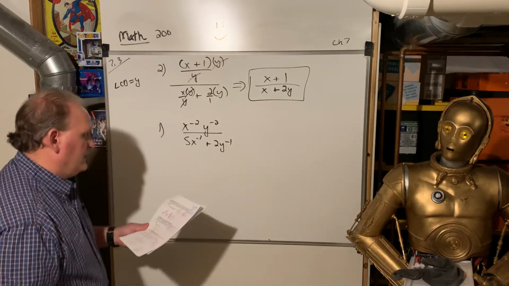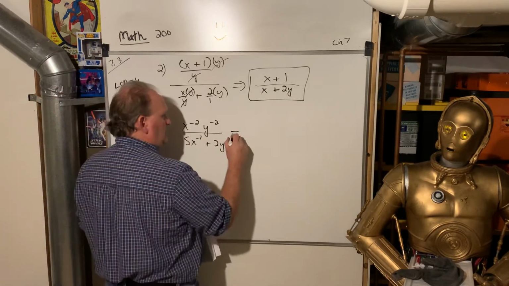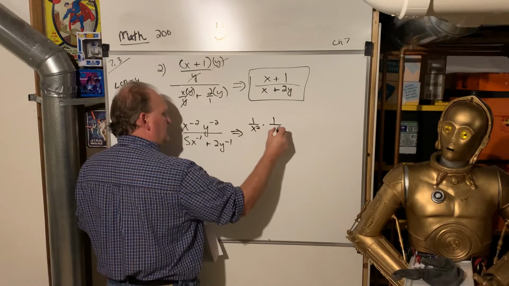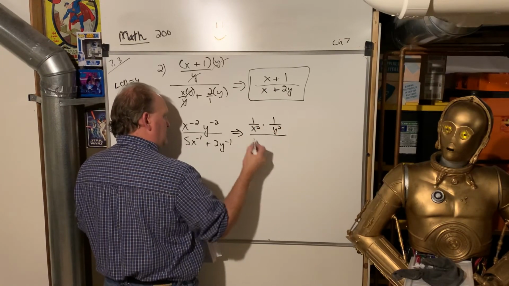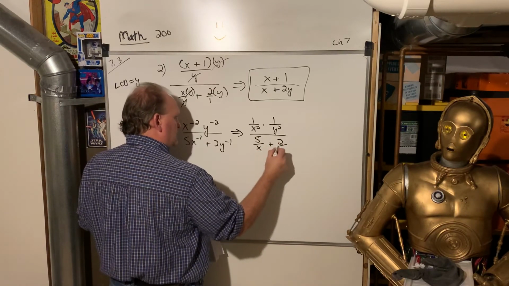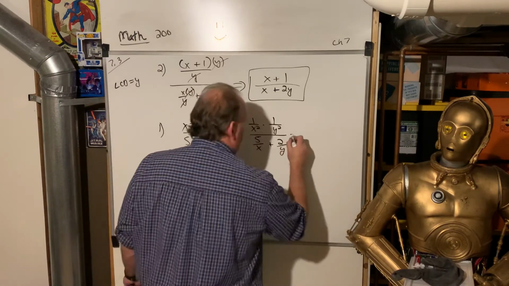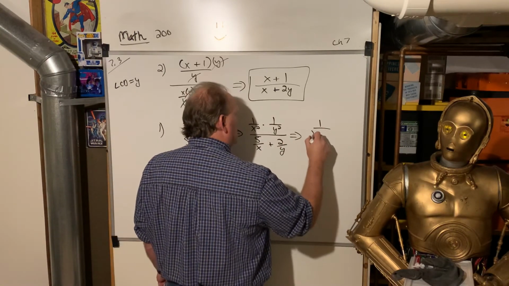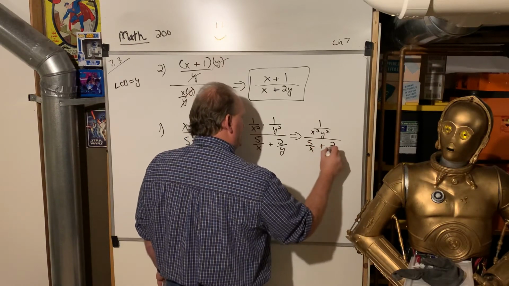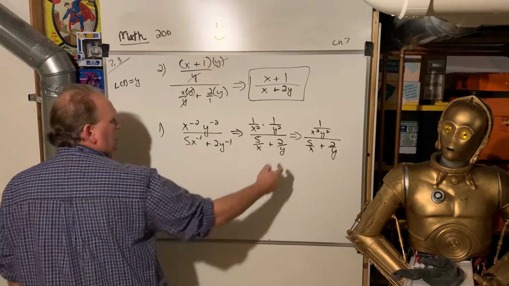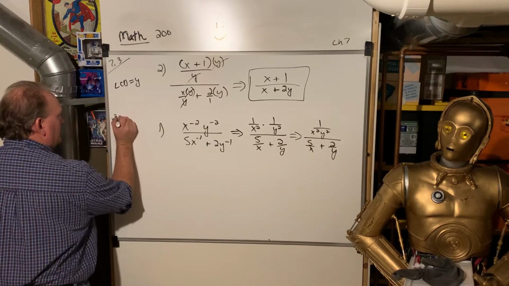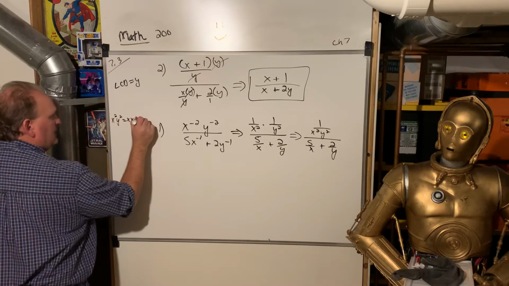So now, this is actually 1 over x squared times 1 over y squared over 5 over x plus 2 over y. And so again, if we look at the LCD here, x squared, y squared, and 5 over x plus 2 over y. The LCD, right, there's 2 x's, there's 2 y's. So if we write that one out, it is x, x, y, y.